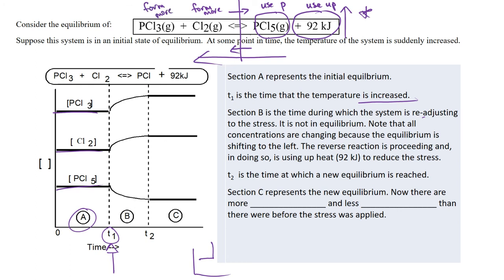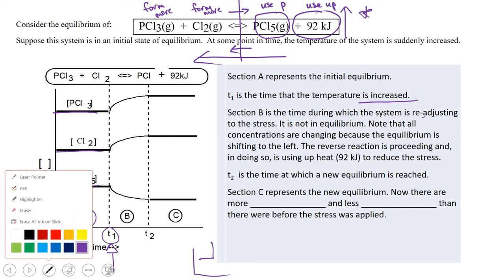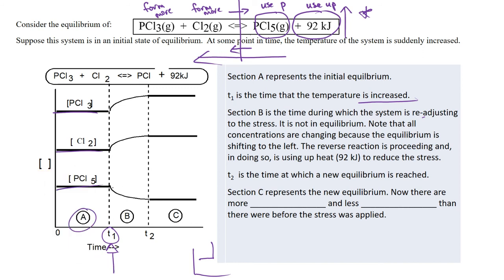So this is why you see the curves do what they do. This is why the curve for PCl5 goes down, because it's being used up. And this is why the curves for Cl2 and PCl3 both go up, because they're on the opposite side. It's shifting in the direction of those, so we're making more.